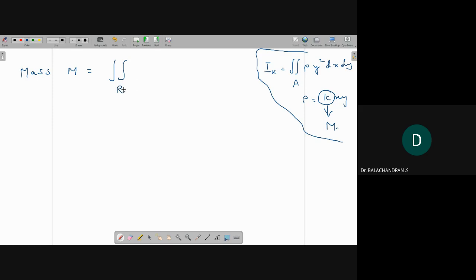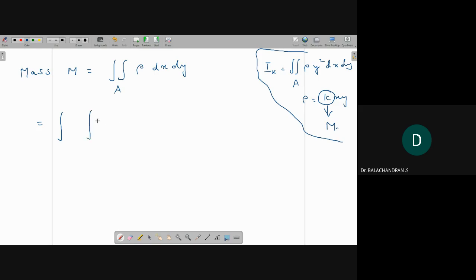Please check it. What is the formula here? I think double integral over A. Even you can give R because it is a region, otherwise you can give A. Same notation you can use. Rho into dx dy.